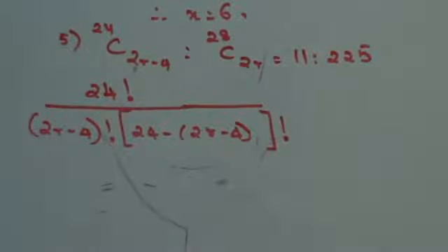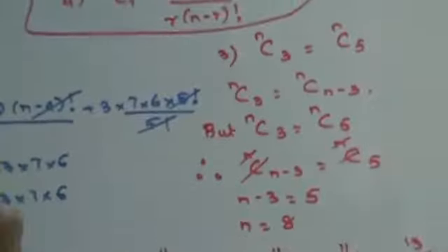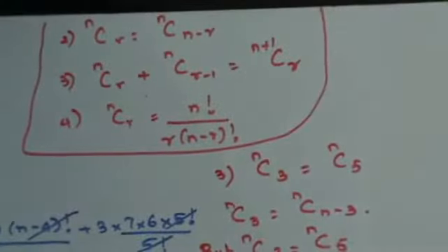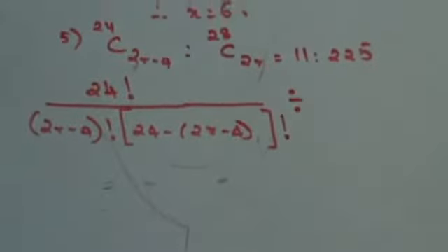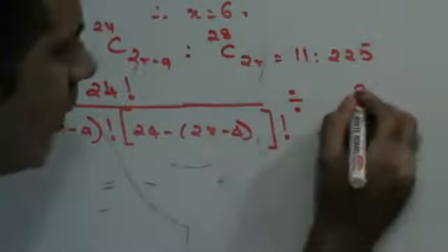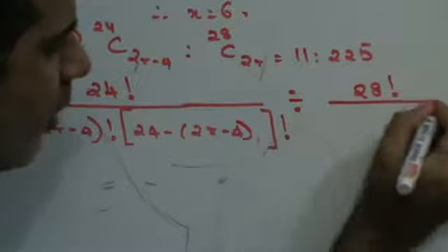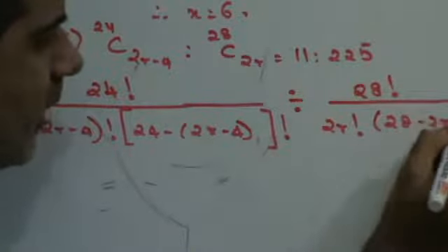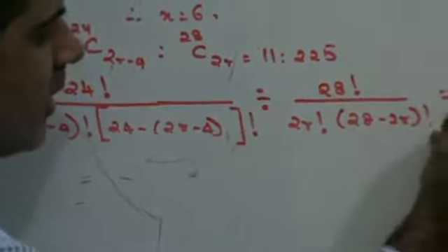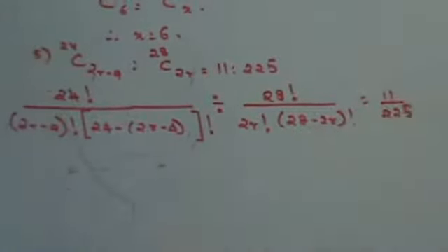I'm using the fourth formula, nCr is n factorial upon r factorial into (n minus r) factorial. Is to means division. If I use that same formula here, this will give me 28 factorial upon 2r factorial into (28 minus 2r) factorial is 11 upon 225.